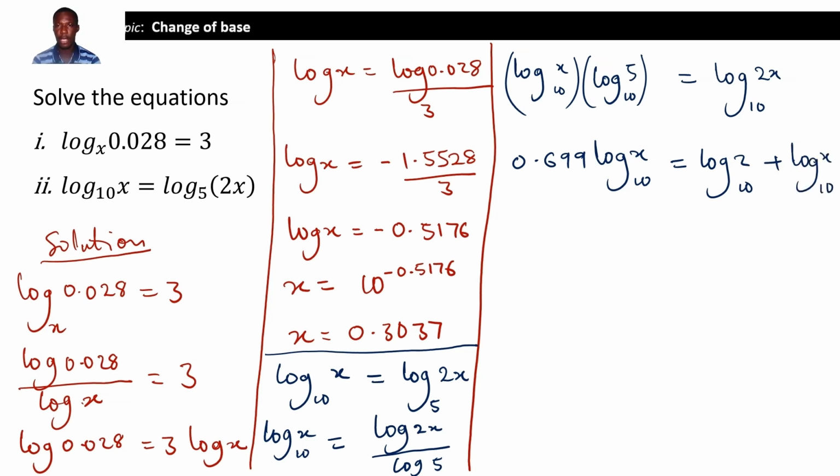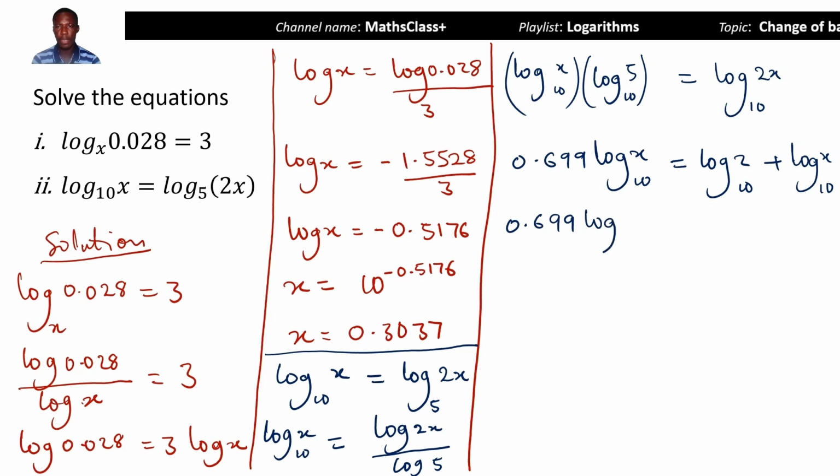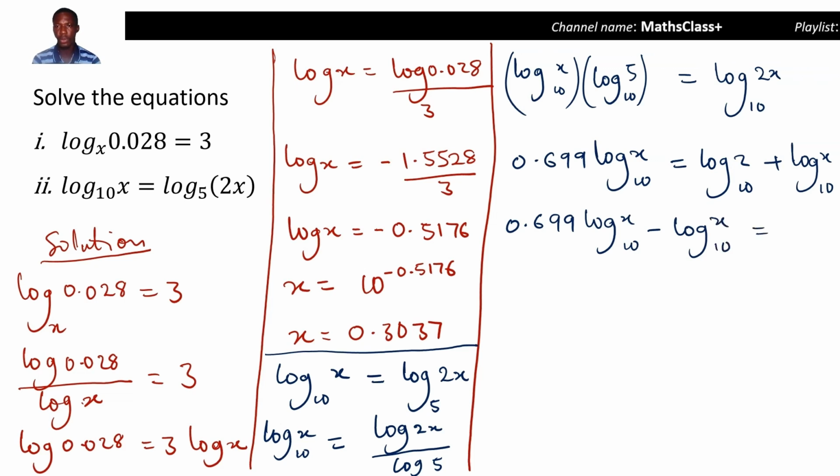So now I have log x on either side. I'll group like this. That gives me 0.699 log x base 10 minus log x base 10, and this is equal to log 2 base 10.